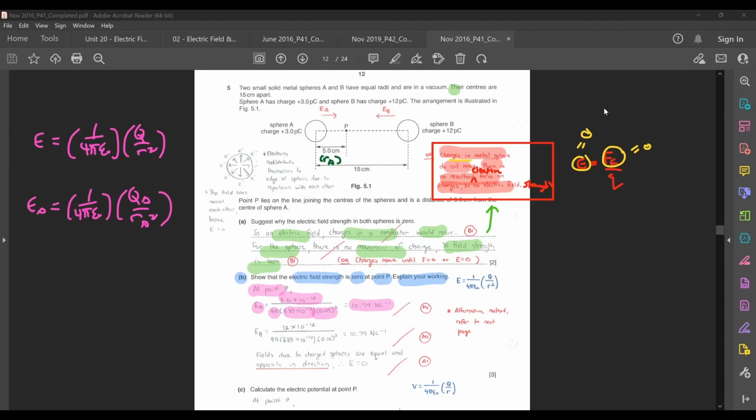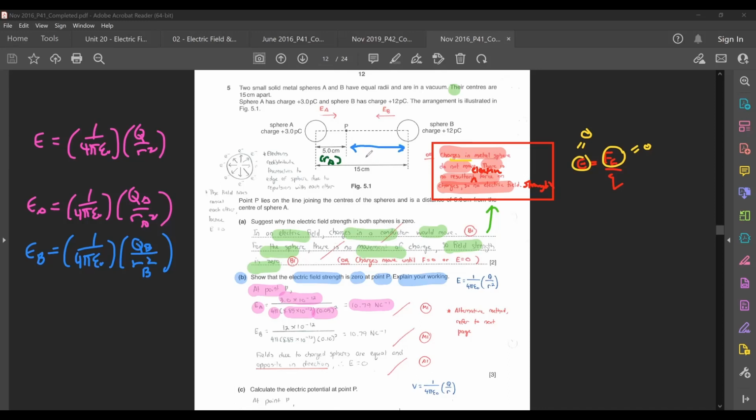Then after that, you consider the magnitude of the electric field strength due to B alone. Again you use the equation E equals 1 over 4 pi epsilon naught Q over R square. So in your case, EB equals 1 over 4 pi epsilon naught QB over RB square. Your RB is this one.